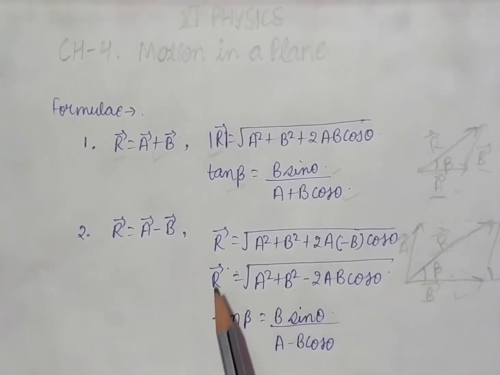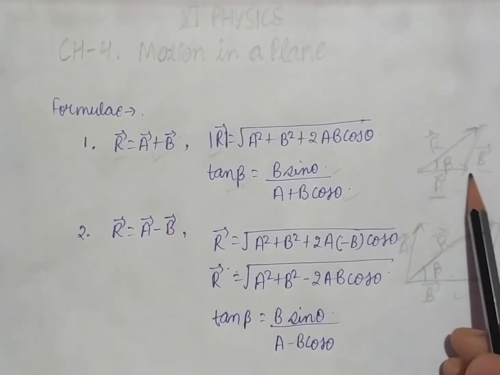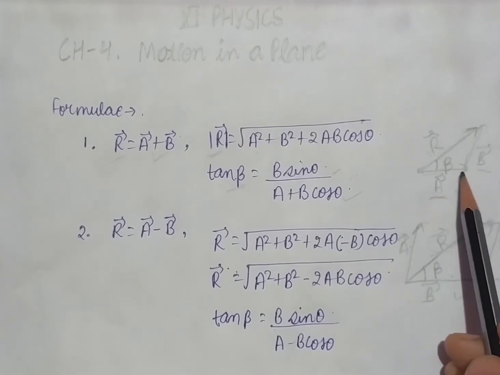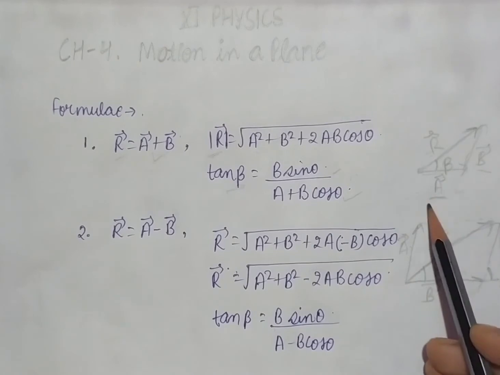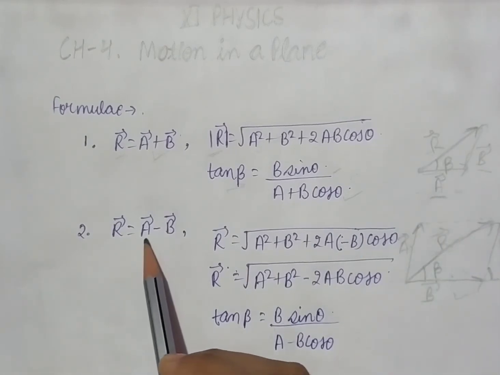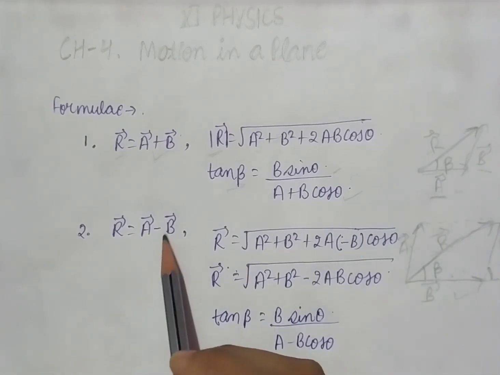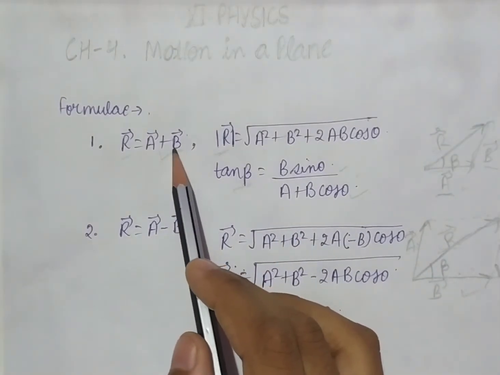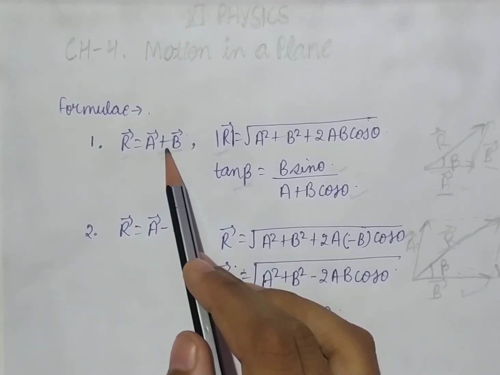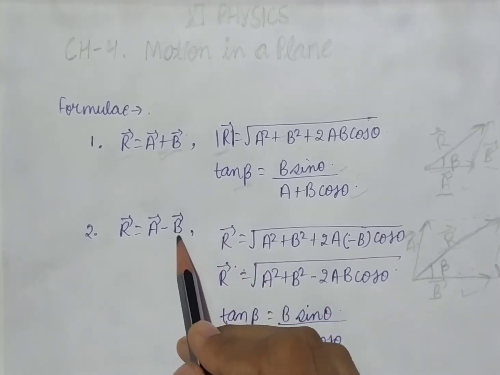If we had to add these two vectors, we could simply add them. Now we want to subtract vector b from vector a. How can we find the resultant of vector a minus vector b? We will simply put the value of vector b with a negative sign. Here we added, so we took b in the same direction, that means an addition sign, but here we are taking the negative sign.